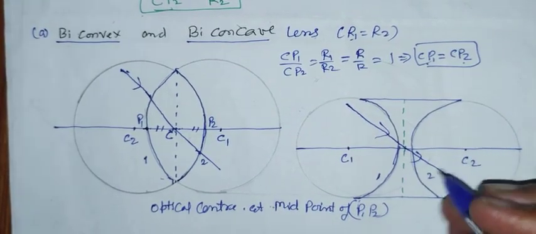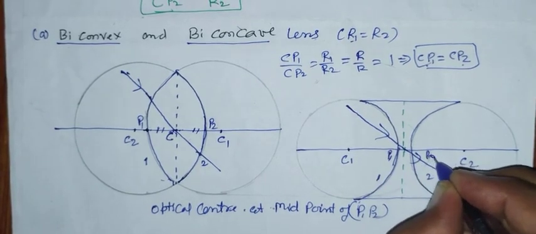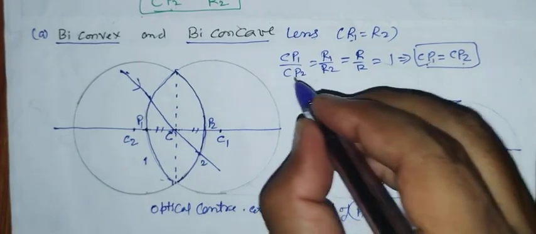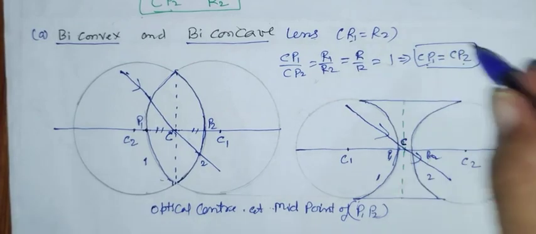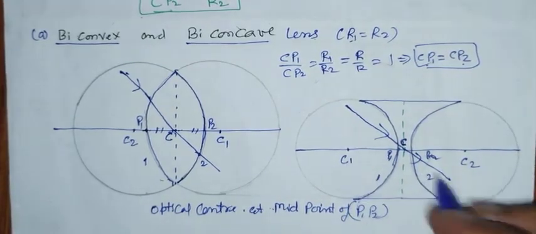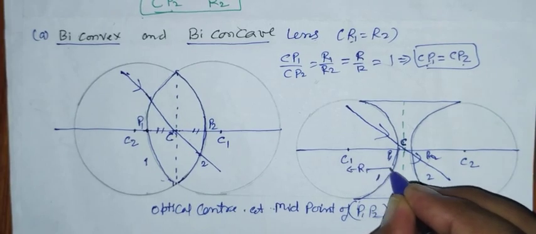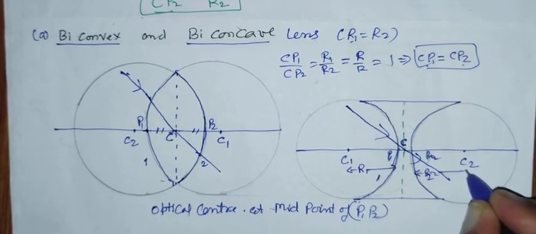We know the points are here, P1, P2, and the optical center is at point C. CP1 by CP2 is R1 by R2. Since R1 and R2 are equal here in both cases, see in the diagram, it is R1 and it is R2.